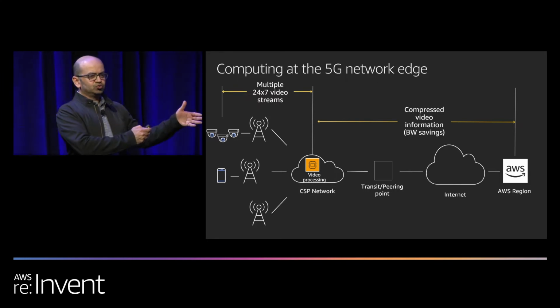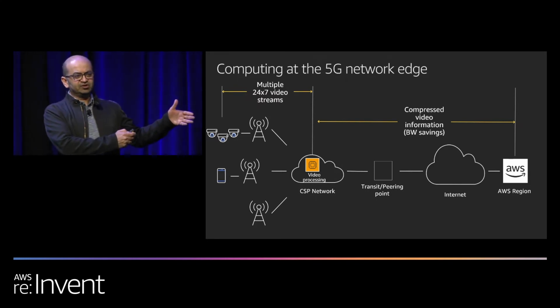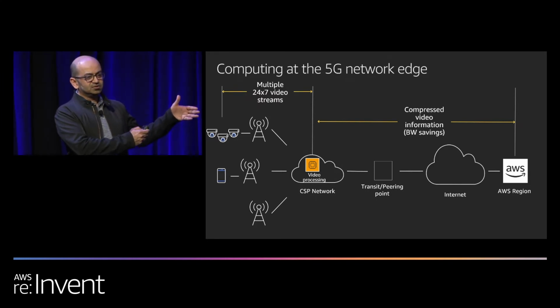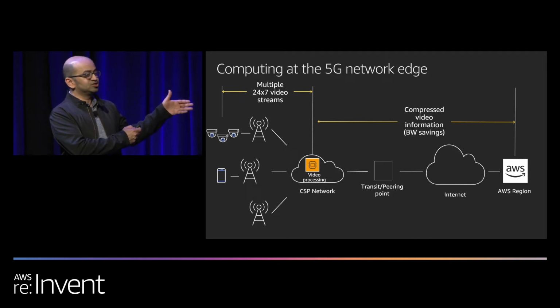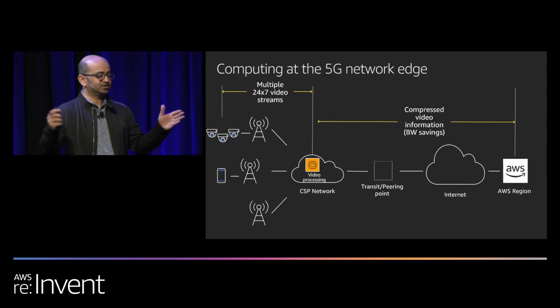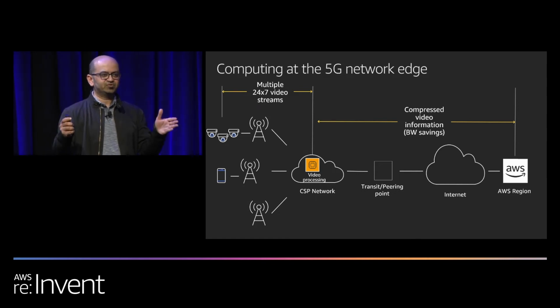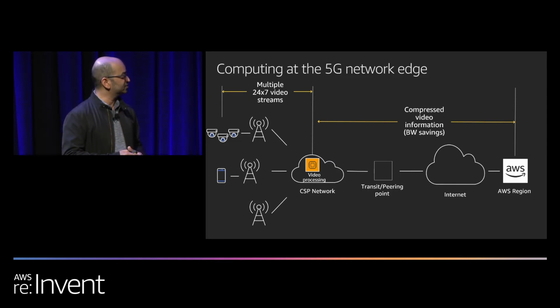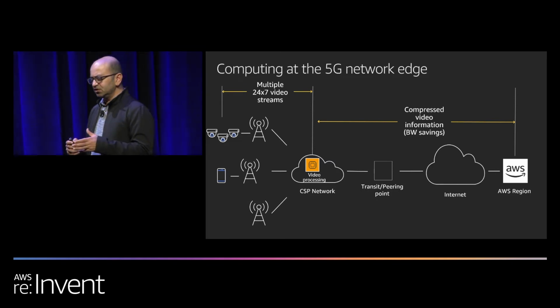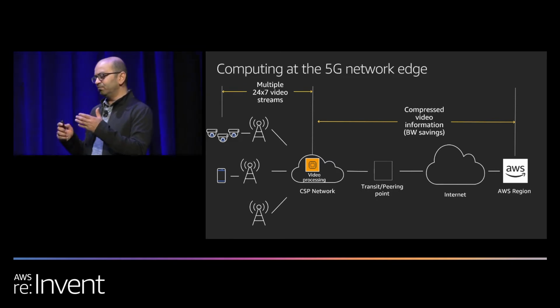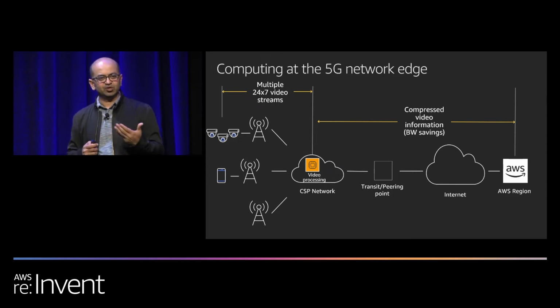If we were to do this inference within the CSP network, you would save a lot of data going back to the region. That's a large part of the data that you don't need to send through that part of the network, resulting in a lot of savings. So as you can see, it's by being inside the CSP network that you get some of the benefits.